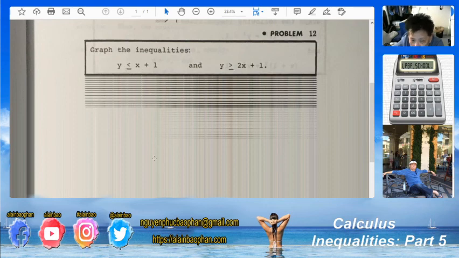They intersect in this area right here. It's a common area. So the solution will be from here, the points inside these two lines, up to 0, 1.